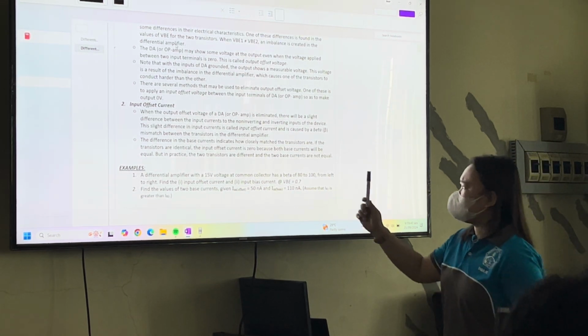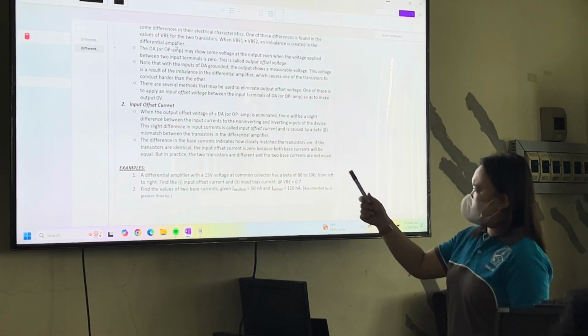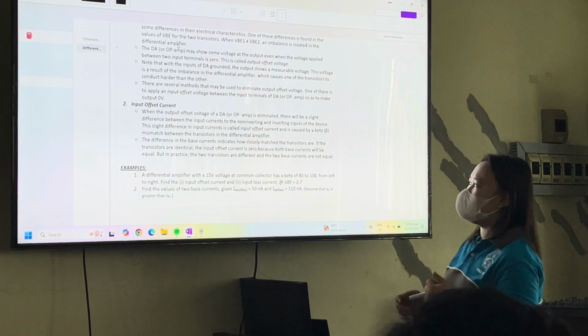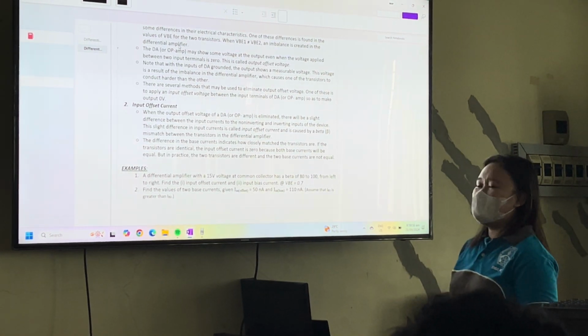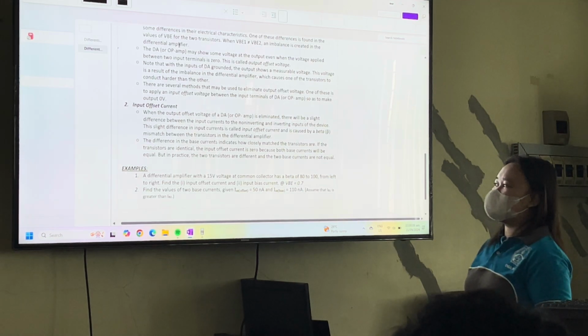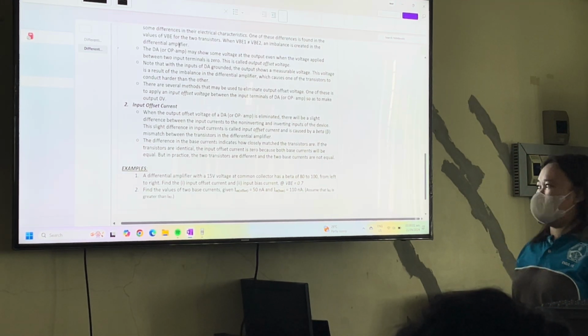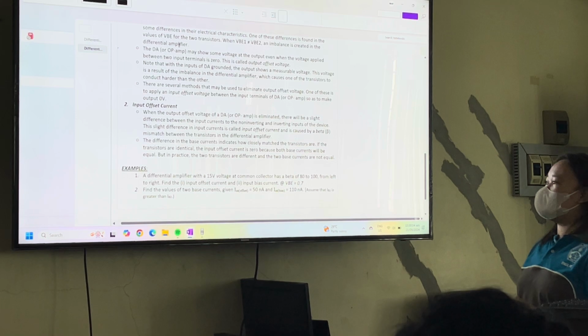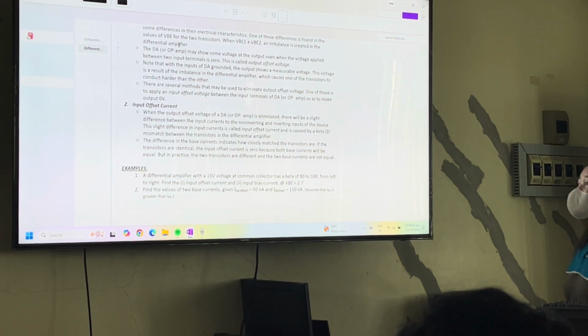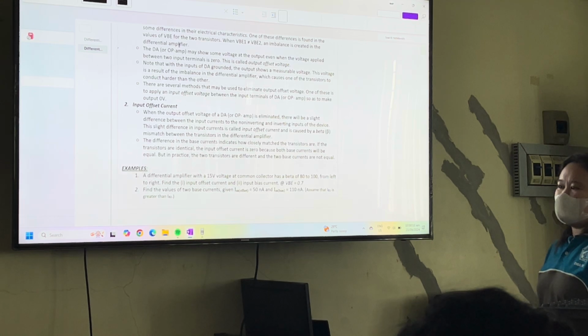Okay. Next. The difference in the base currents indicates how closely matched the transistors are. If the transistors are identical, the input offset current is 0 or must be 0 because both base currents will be equal. But in practice, the two transistors are different and the two base currents are not equal.